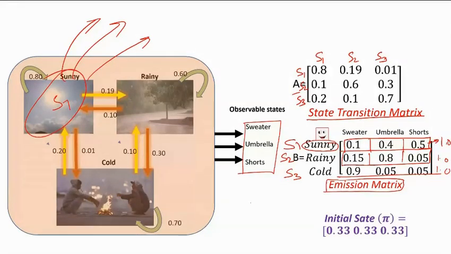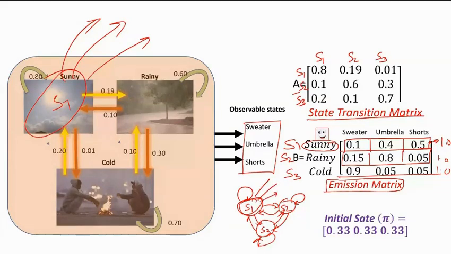Why is it called emission? Because say these are my S1, S2 and S3 transitions, so I am doing these transitions. Whenever I am at S1, I can emit different symbols. Whenever I am at S2, I will emit different symbols, say three symbols.